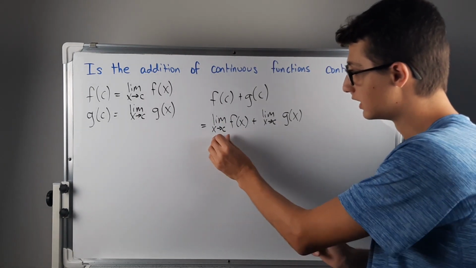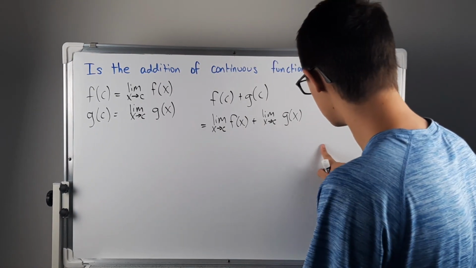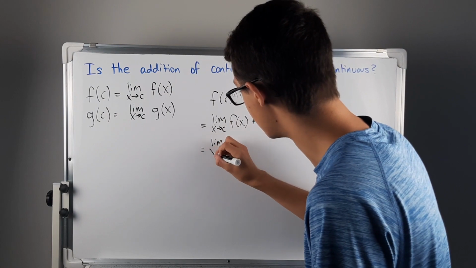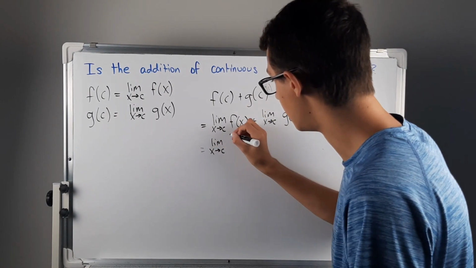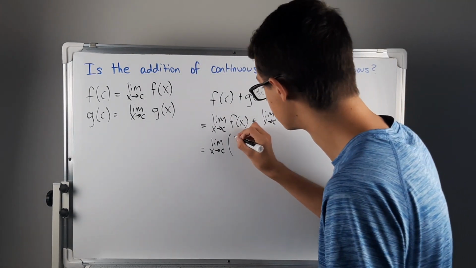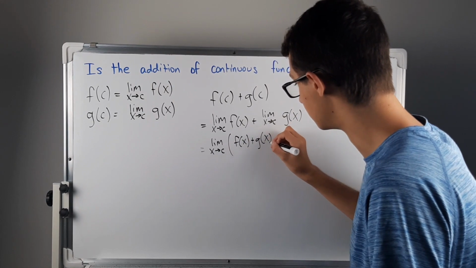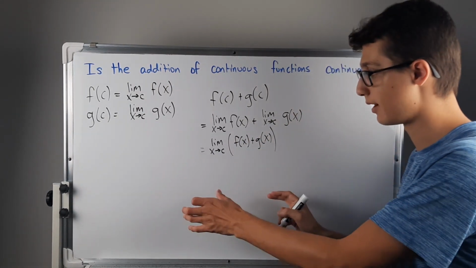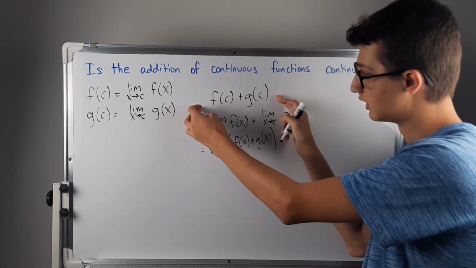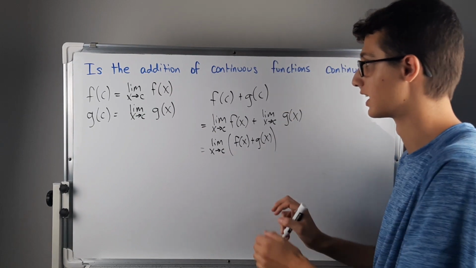So if I take two limits and add them to each other, I can also represent that as the limit as x approaches c of the addition of the inside, so f of x plus g of x. All right, and so now what we have is that f of c plus g of c is equal to the limit as x approaches c of f of x plus g of x.